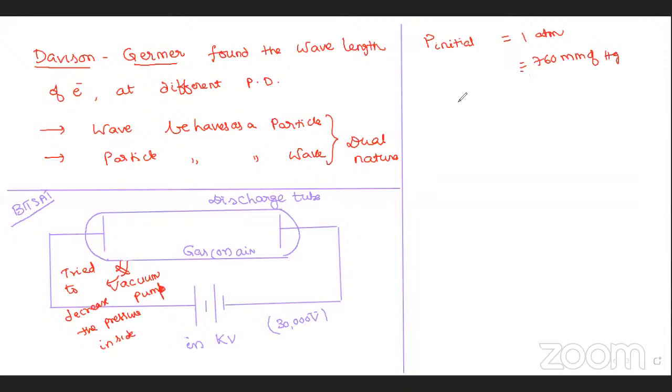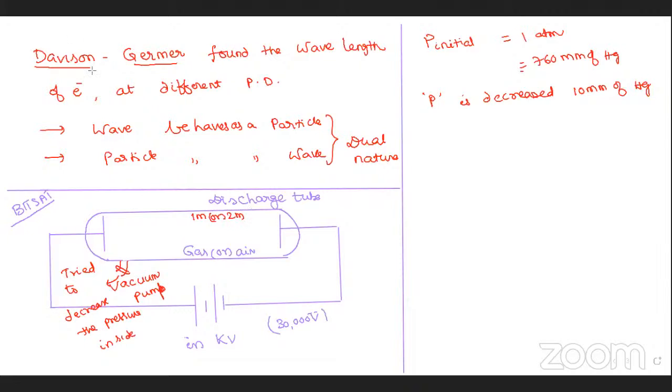From there, the pressure was decreased. Not to 500, not to 100, not to 50. He went almost up to 10 mm of Hg, a very small pressure.